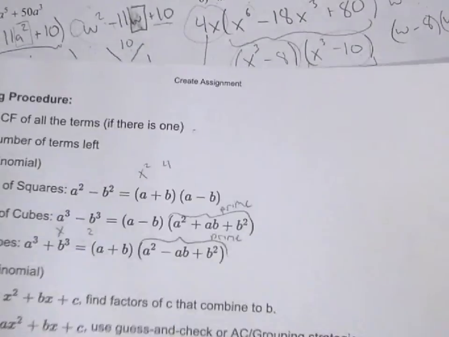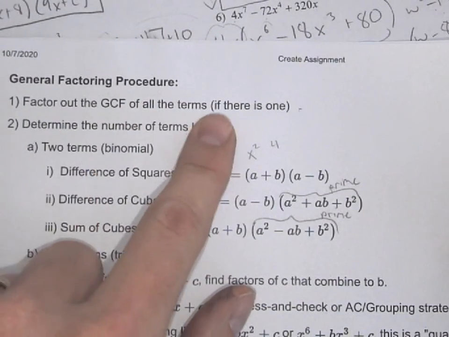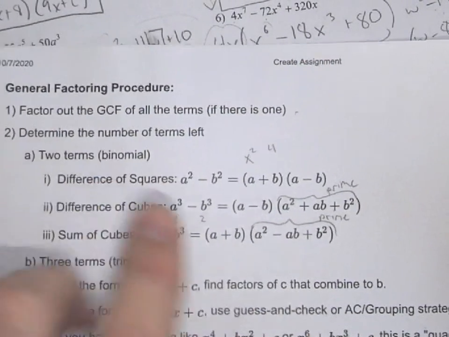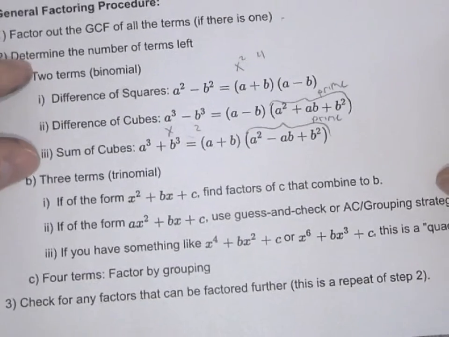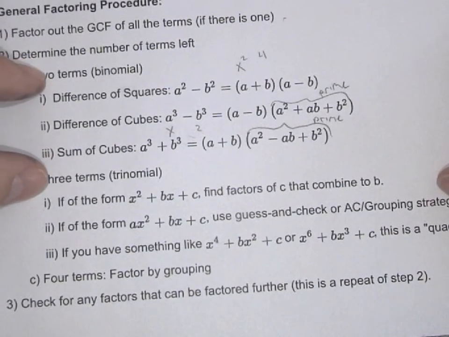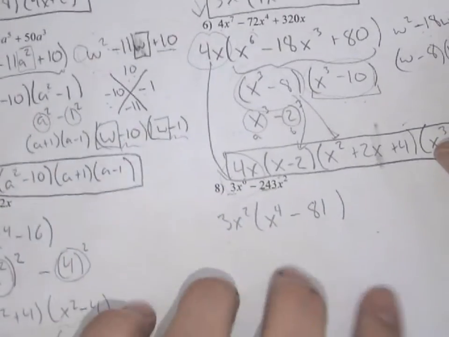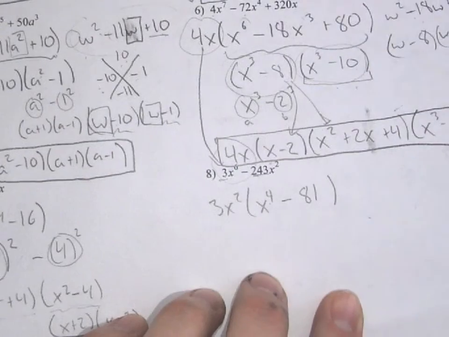Okay, so step 1 is complete, right? Step 1, factor out the greatest common factor. Step 2, what's left? Well, we got a binomial. Okay, so we're going to focus our attention on the binomial stuff. And we don't see any powers of 3 in there, but we do see even powers. And 81 we know also is 9 squared. So when I look at this guy, I'm like, all right, that can be written as a power of 2.